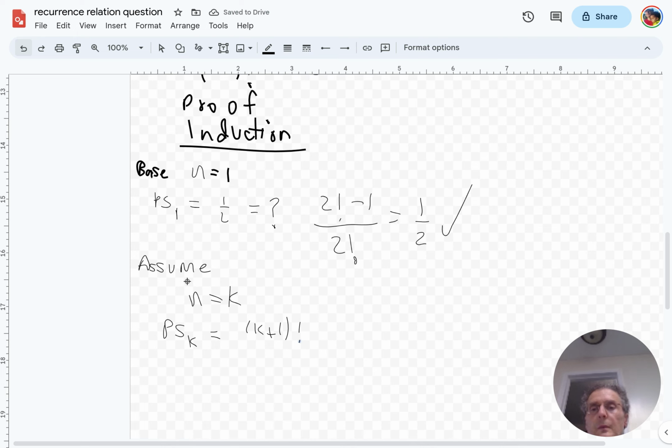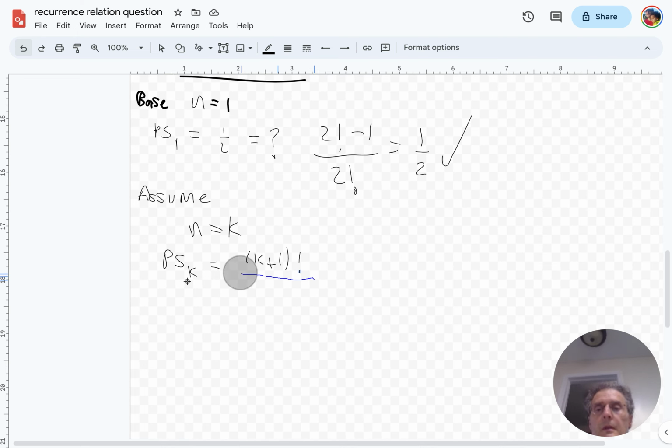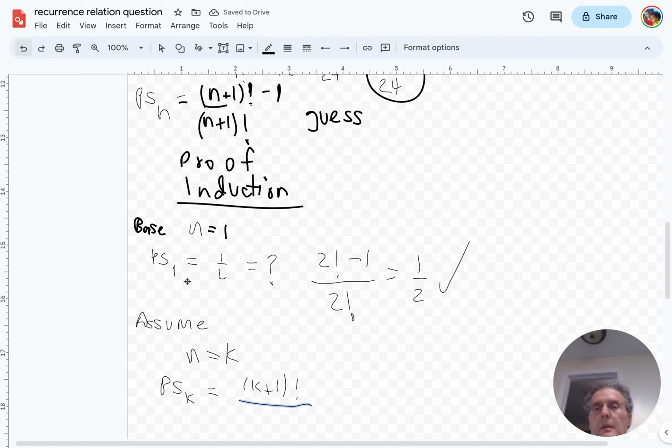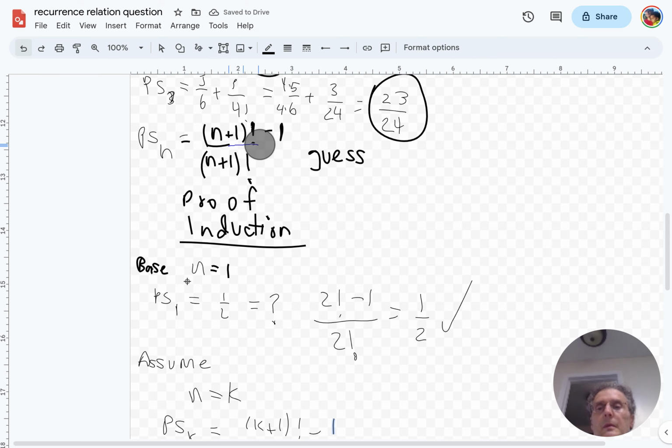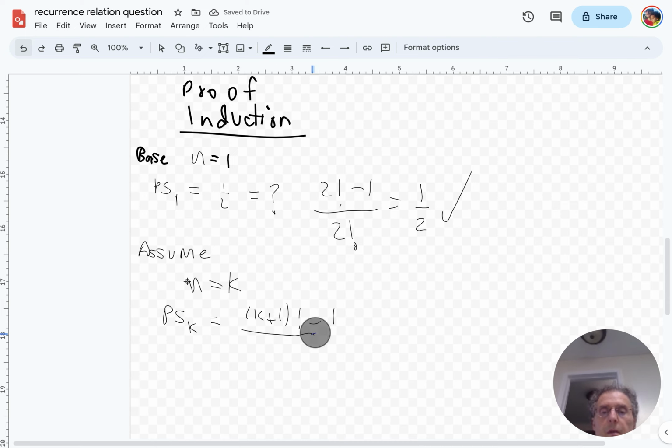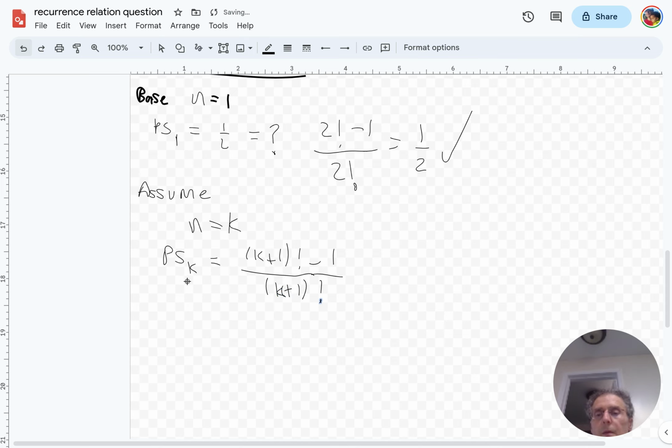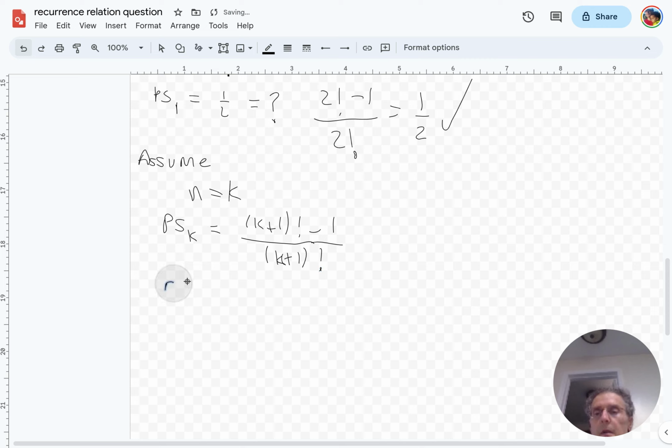Of course this can be written in a different way, but let's just keep it simple. So we assume that, and now prove for n equal k plus 1.